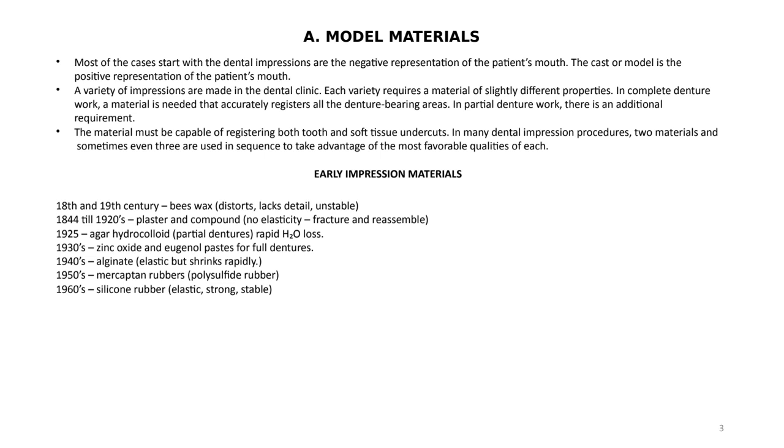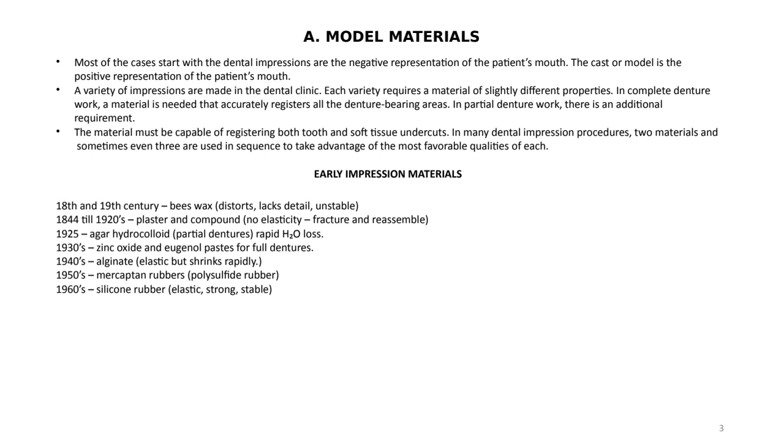There are different types of impressions that the dentist has available to use, and each type of impression requires a different type of impression material that has different properties, depending on what type of restoration we do.